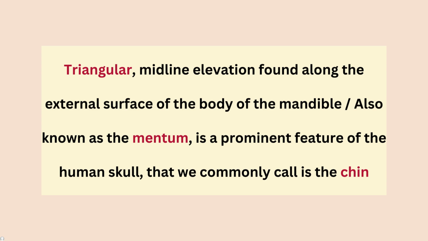For instance, in sublingual fossa, sub means under, so it is on the internal side, similar to the submandibular fossa. Sub is down, so it is also located on the internal surface of the body of the mandible. Anyways, the mental protuberance is also known as the mentum, which is a prominent feature of the human skull that we commonly call the chin.